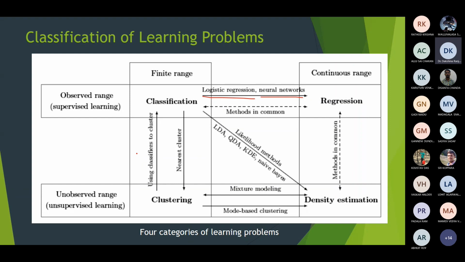Similarly, we can transform the clustering problem into a density estimation problem, as well as the classification problem into a density estimation problem. So the machine learning techniques that we will discuss will come under these four approaches: classification, regression, clustering, and density estimation.